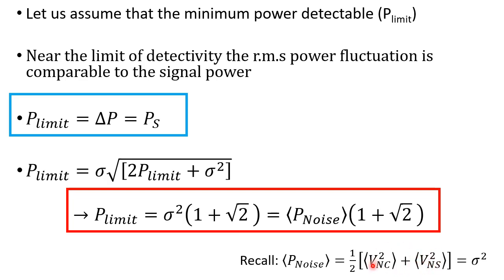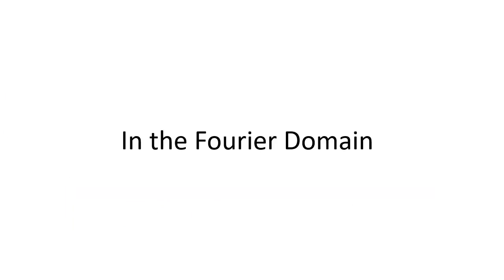The second moments all give me sigma square. And then P noise by definition would be half of this 2 sigma square, which eventually comes out to be sigma square. So that is precisely what I have used here to get to this very important result on what exactly I call my limit of detection given a certain amount of power in the noise.